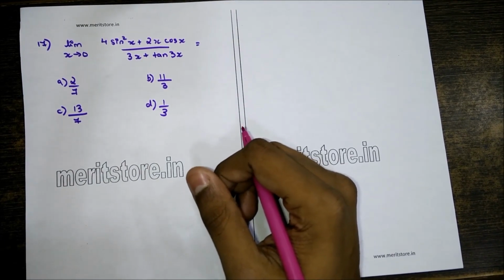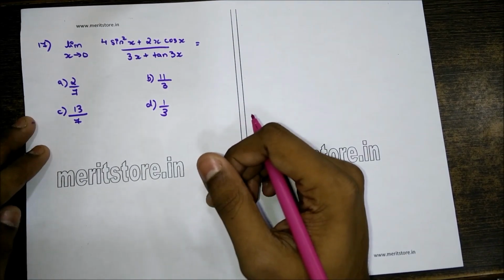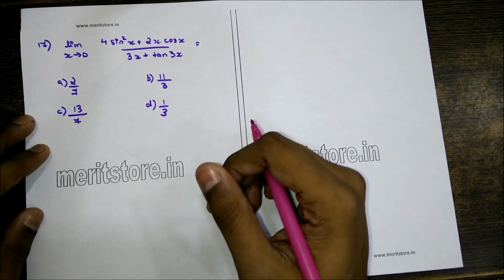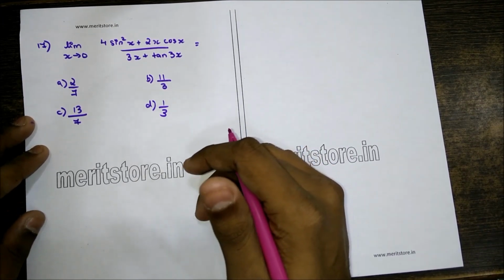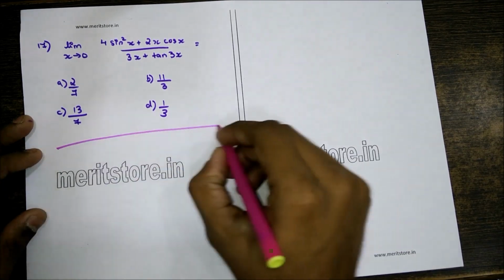Limit of x tends to 0, (4 sin square x plus 2x cos x) upon (3x plus tan 3x) equals: A 2 by 7, B 11 by 3, C 13 by 7, or D 1 by 3.